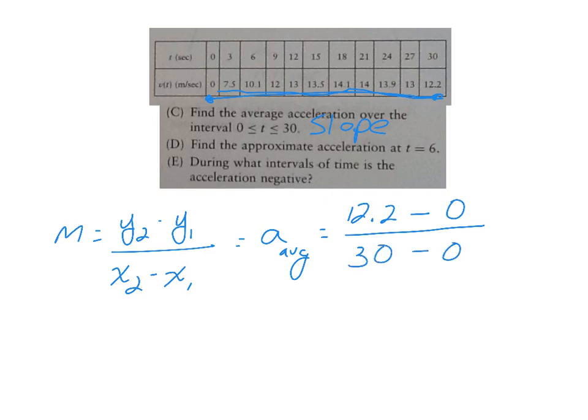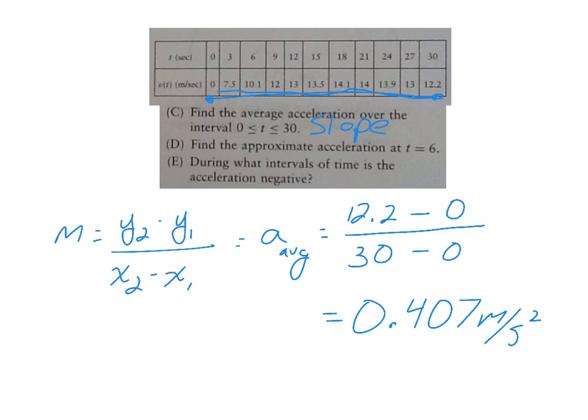I'm going to punch that into my calculator. 12.2 divided by 30, and my average acceleration is 0.407 meters per second squared. There's my average acceleration.